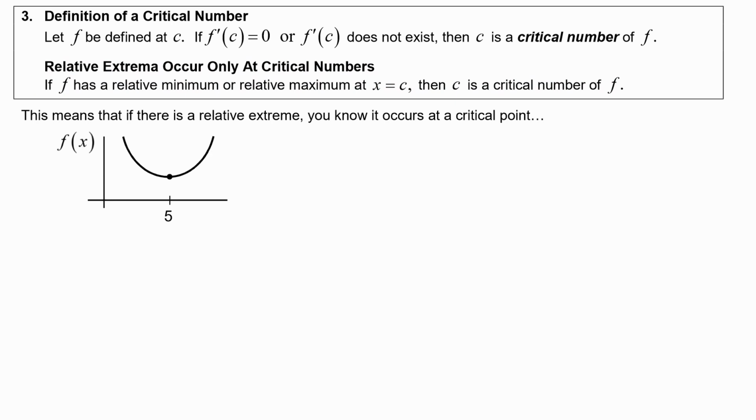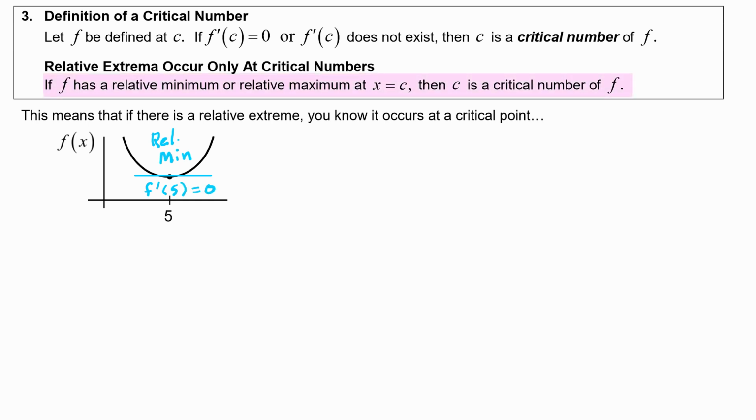So for example, in this graph of f of x, we see that we have a relative min here. And at that relative min, the slope of the tangent is 0, and that means that f prime of 5 was equal to 0.